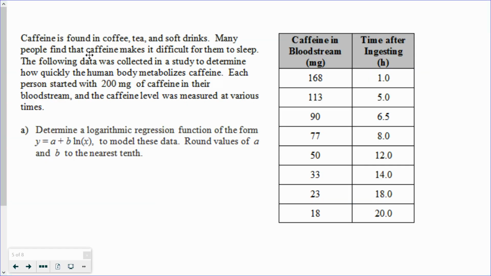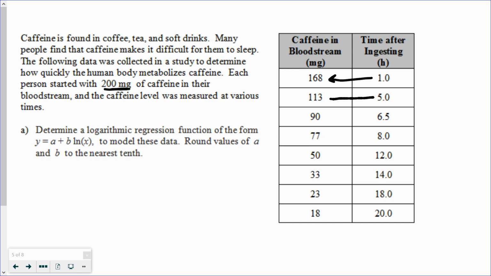All right, each person started with 200 milligrams of caffeine in their bloodstream, and the caffeine level was measured at various times. At time 0, they had 200 milligrams. After 1 hour, they had 168 milligrams of caffeine in their blood system.